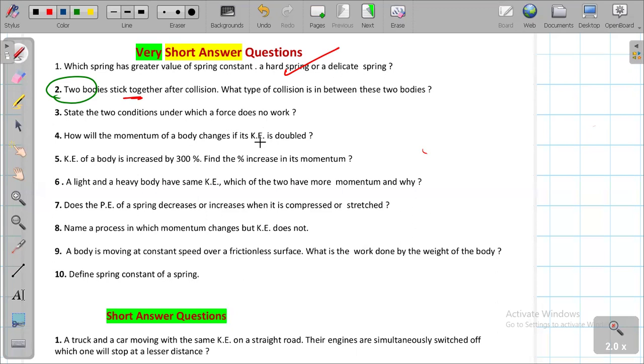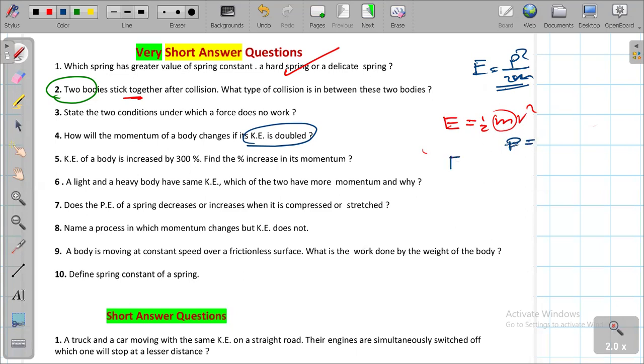So how much does the momentum of a body change if the kinetic energy is doubled? Right. I told you there is a way. That simple equation I gave you, like P is root of 2mE. You can use that one, but only for the MCQs. But for regular working, kinetic energy is half mv square. Here the mass does not change. You are doubling the kinetic energy.